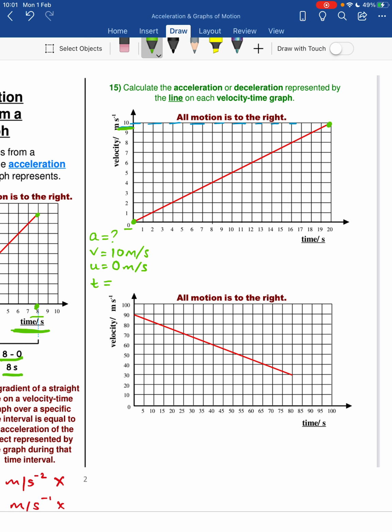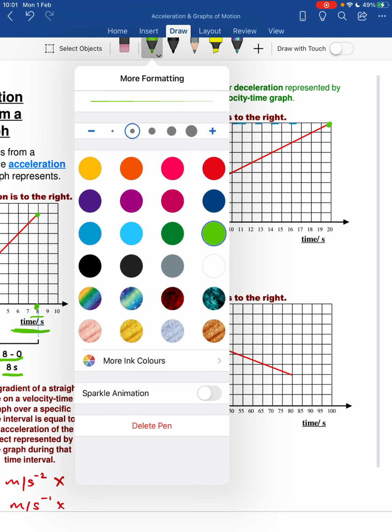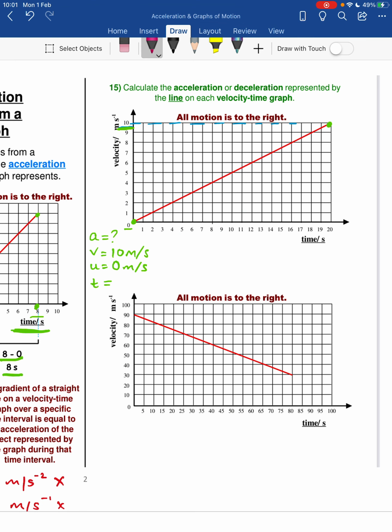Now if you struggle to remember which one is the final speed and which one's the initial speed, think of your alphabet. In the alphabet, u comes before v. So u, because it comes first, is our initial speed, and v, because it comes second, is our final speed.